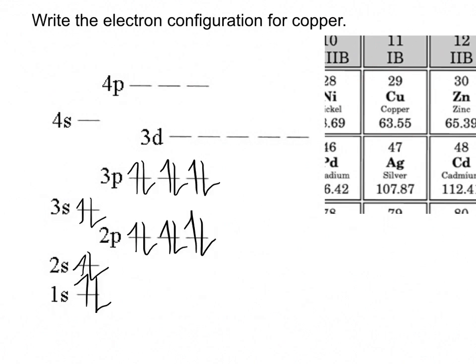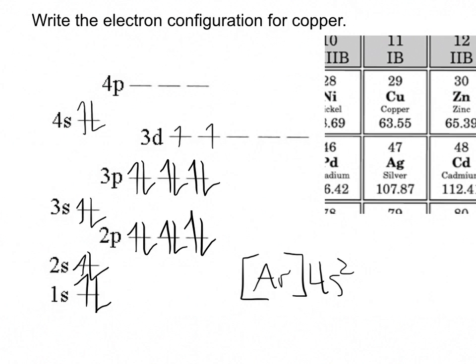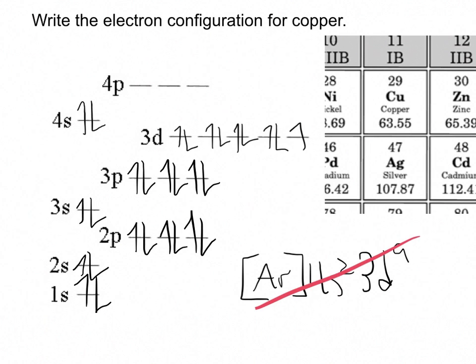By now, we're familiar with our good old argon electron configuration, and for copper, you would think we would go 4s2 3d9. But, as you probably have guessed, that is not correct.